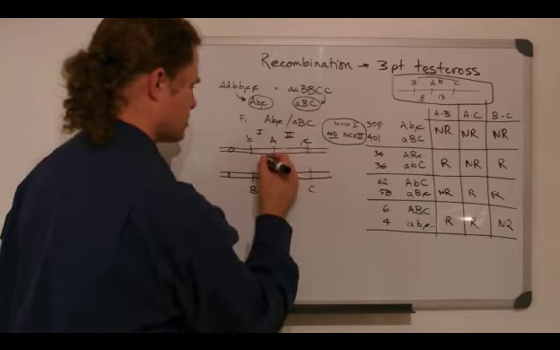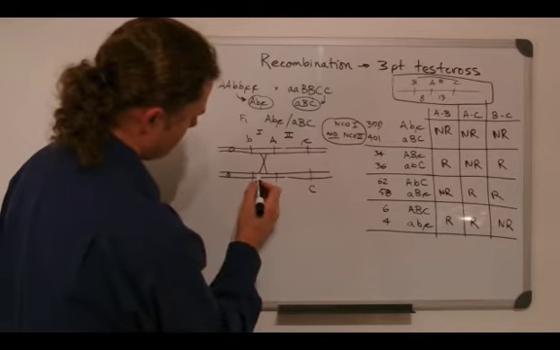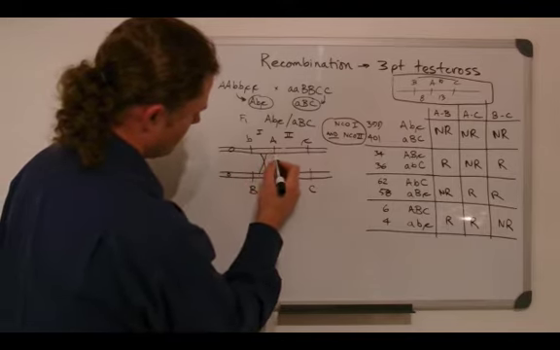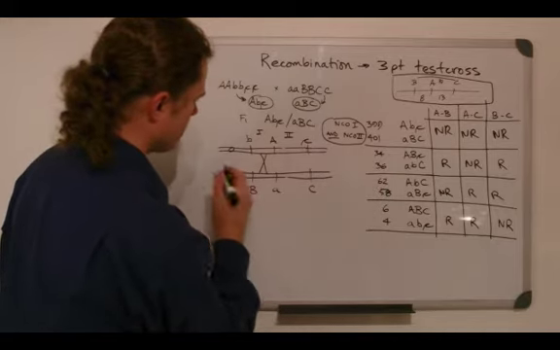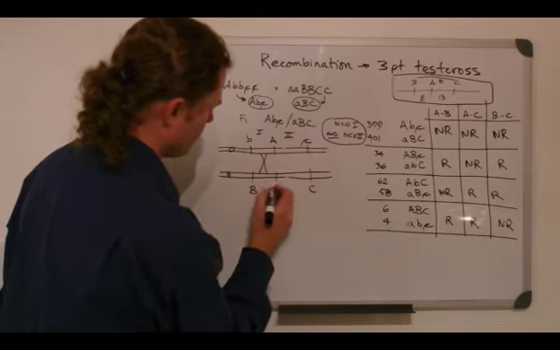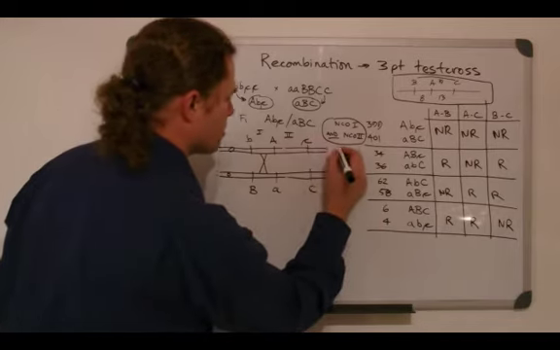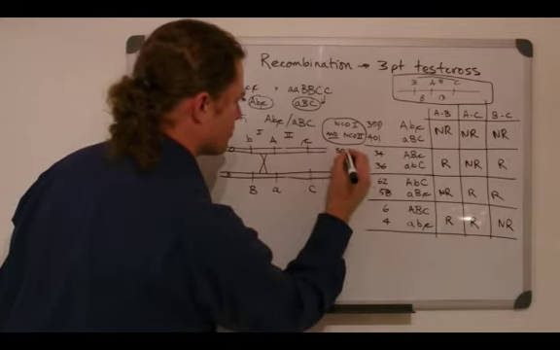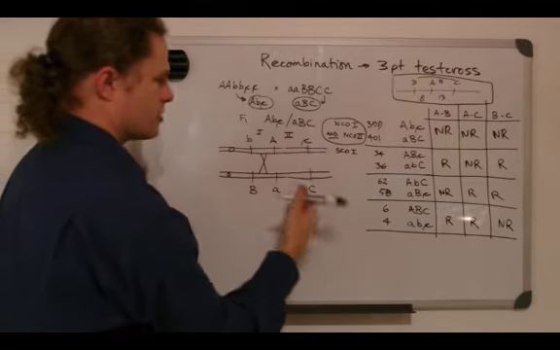If we have a single crossover in region 1, what that produces is a big B now physically connected to a big A and a little c, and that's this product here. It also produces a little b connected to a little a, and then a big C, which is the same as that product there. So this requires a single crossover in region 1 and no crossovers in region 2.